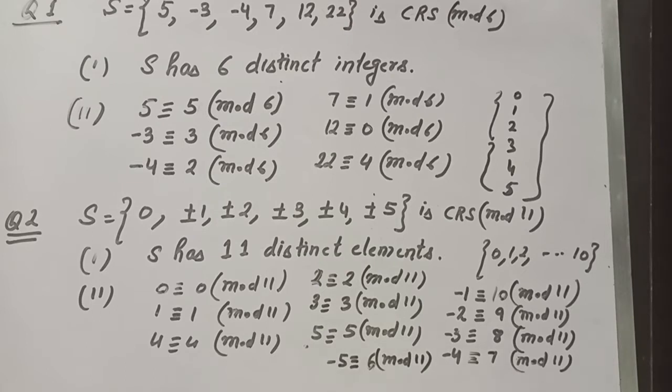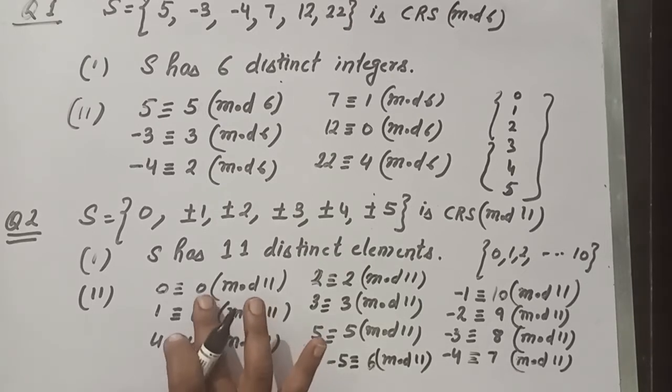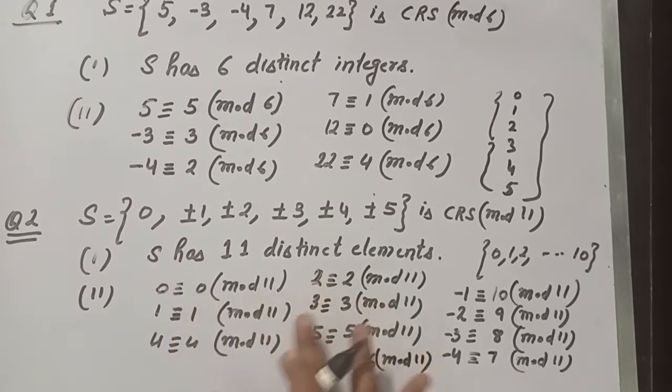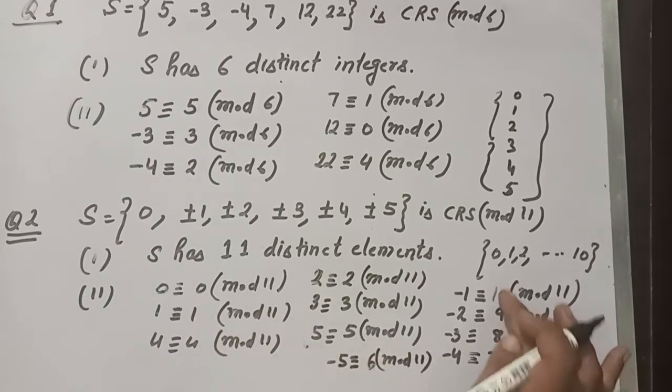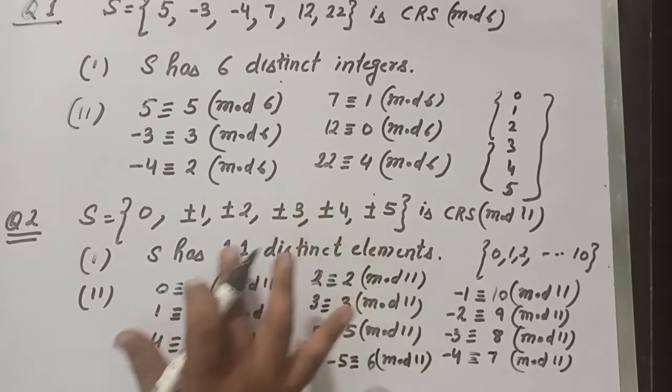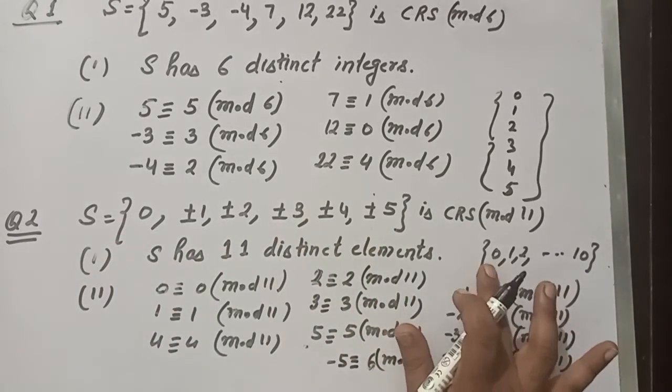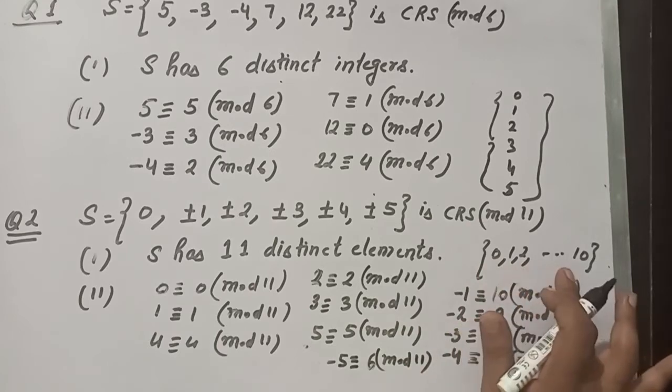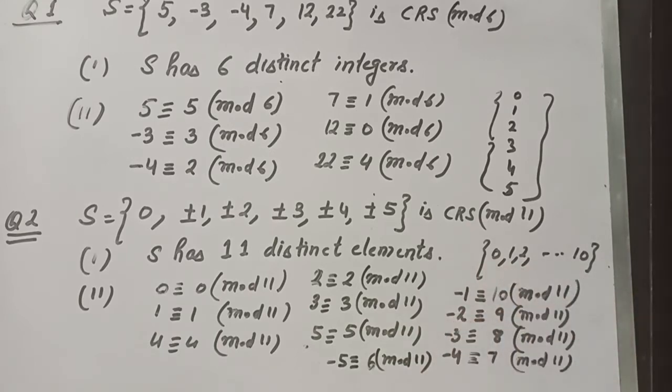Now collect the remainders: 0, 1, 2, 3, 4, 5, 6, 7, 8, 9, 10. Whenever you choose any integer from the set S, it is congruent to exactly one integer from this set, which is the set of remainders. So we have verified that this set is again a complete residue system modulo 11.